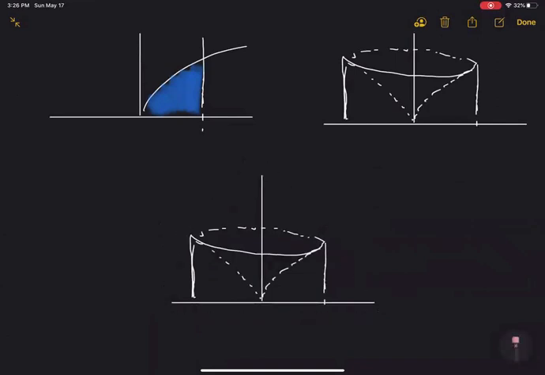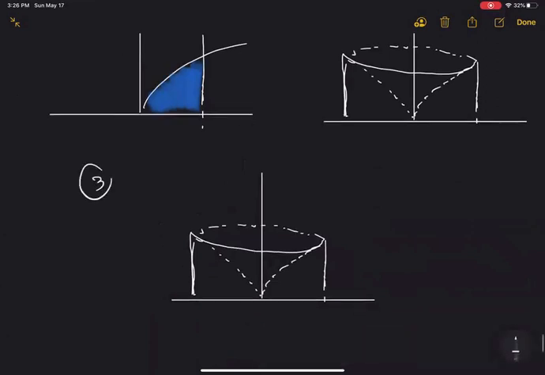So this is our 3D object. What would one of these cylinders inside of my object look like? Since I've rotated around a vertical line, when I draw one of my cylinders, I'm going to start at the line I've rotated around and go outward.